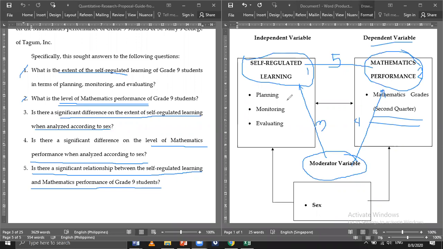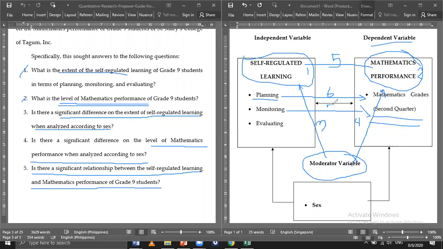But another thing is that you can also individually ask questions like, is there a significant relationship or difference between the extent of planning and mathematics performance? You can do that in 6. Or is there a significant difference between monitoring and mathematics performance or grades?